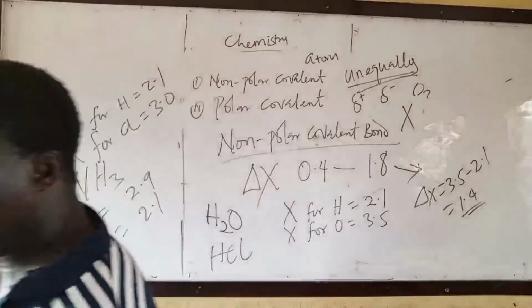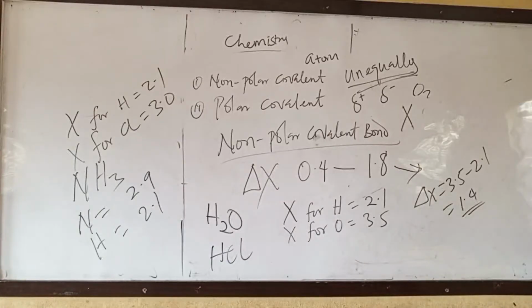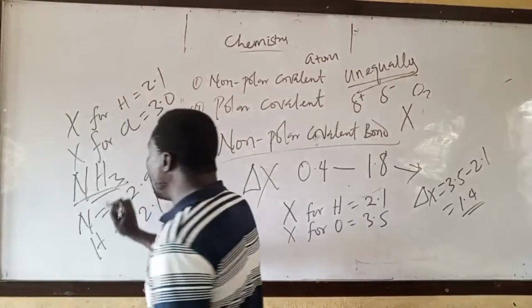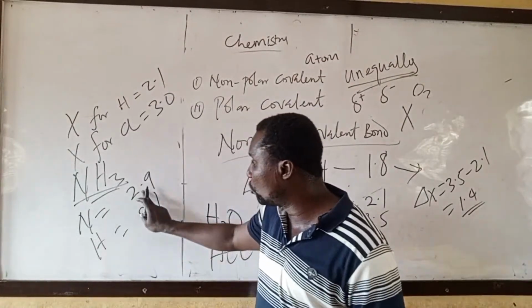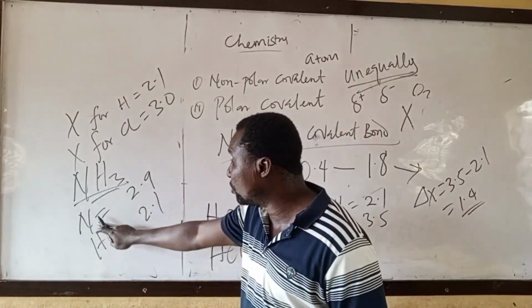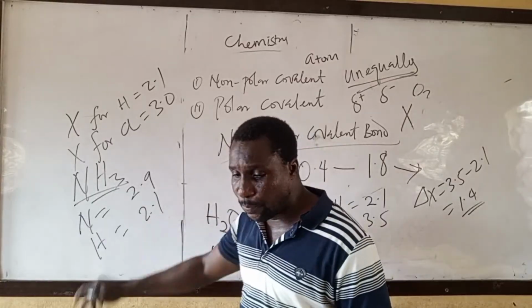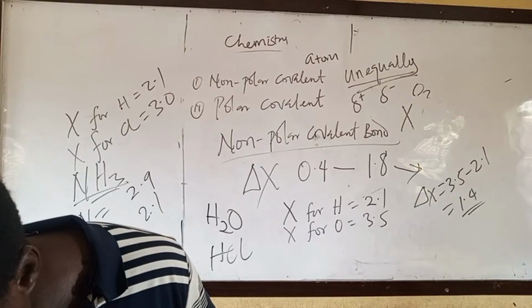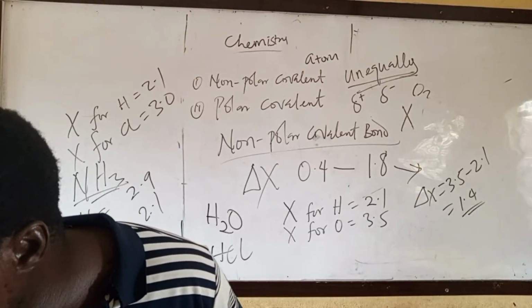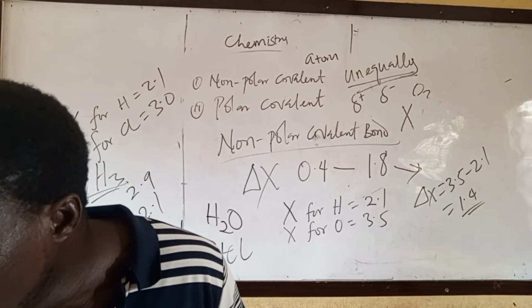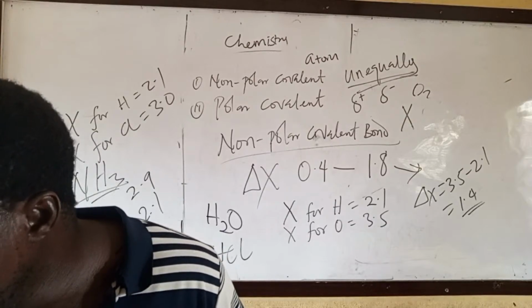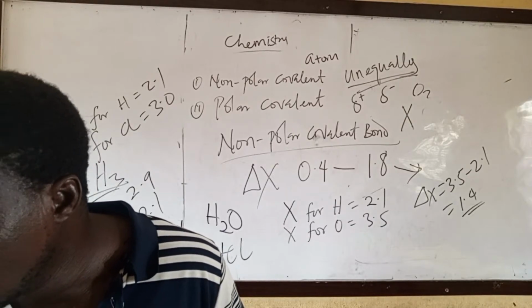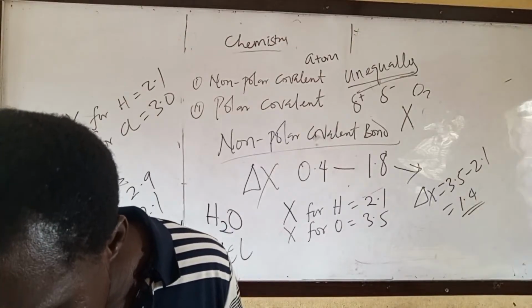Look at ammonia. Nitrogen is 3.0, hydrogen is 2.1. Class, it is what? Sorry, I mean it's polar. Ammonia is polar.